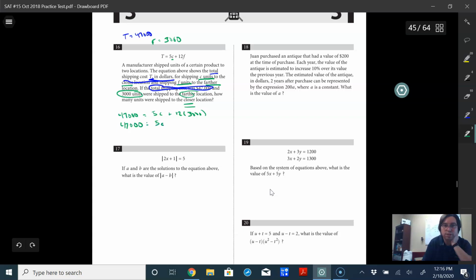Okay, so 5C, 12 times 3,000, 12 times 3 is going to give me 36, and then add the 3 zeros. And then I want to subtract that. So 47 minus 36. That's going to give us 11,000 equal to 5C.